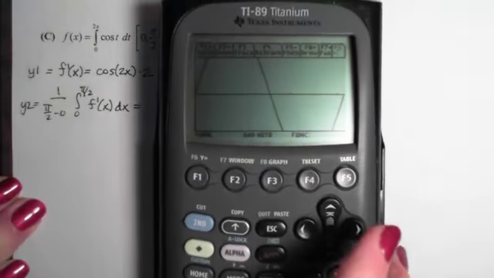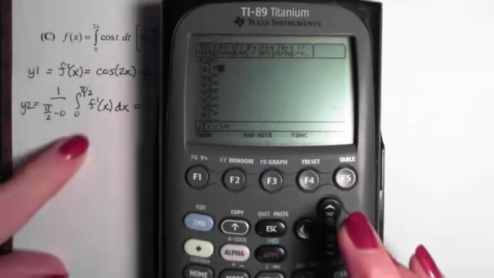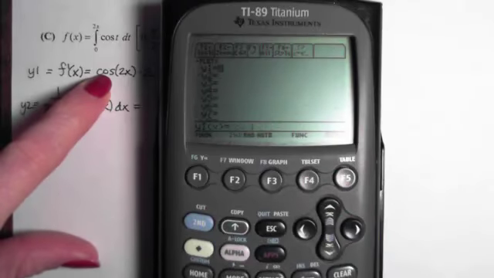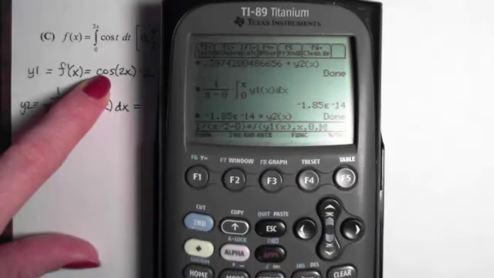So back to the calculator, y editor, clear, clear. I'll have a cosine of 2x times 2. On the home screen, I will now do 1 divided by pi over 2 minus 0 times the integral of y1 of x with respect to x from 0 to pi over 2.